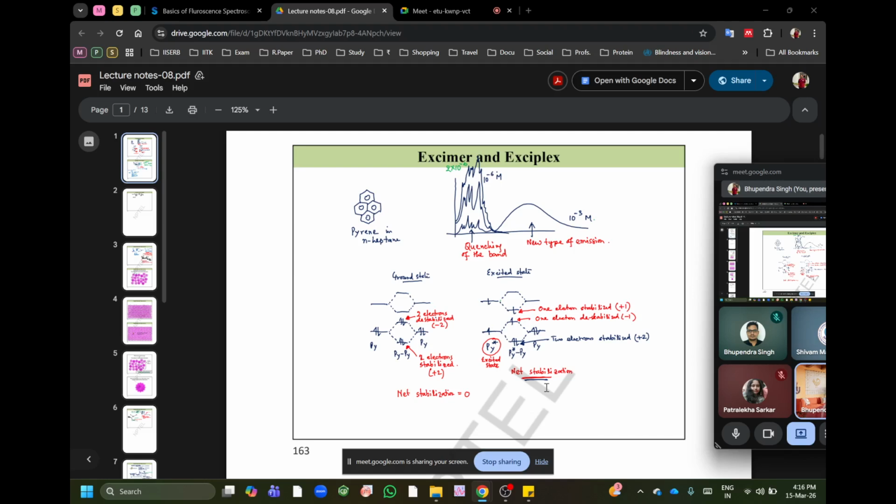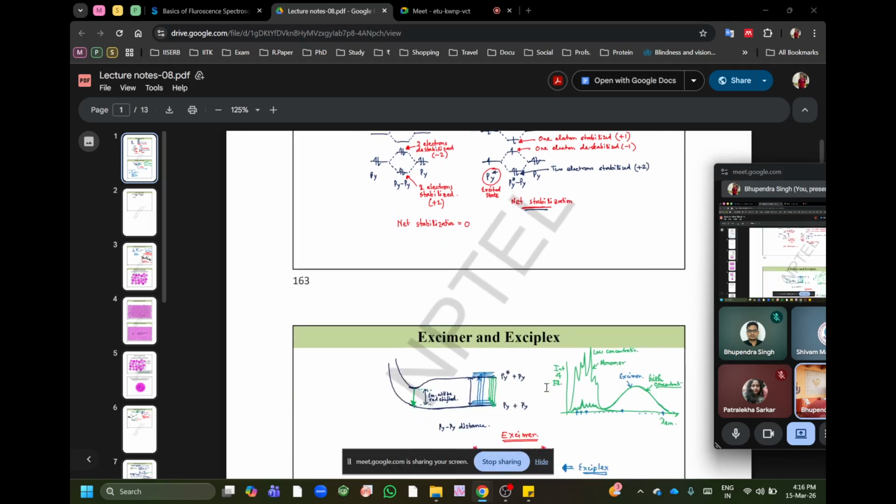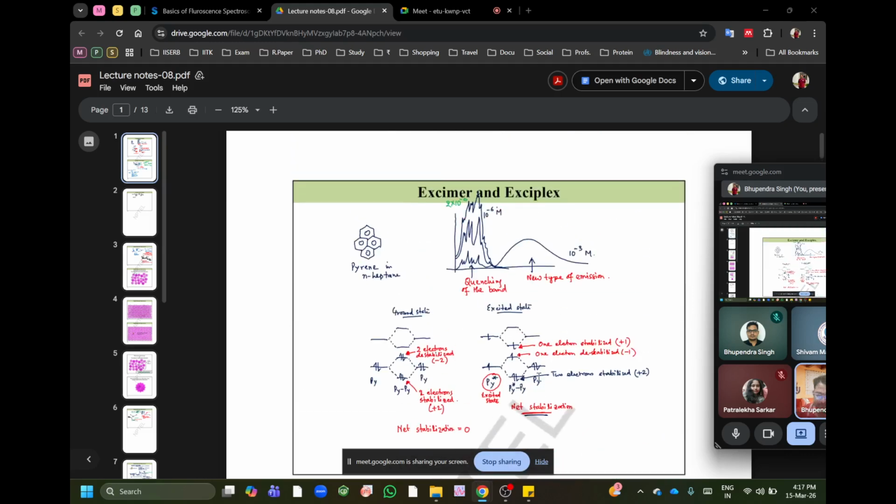So it will be red shifted. And because the bonding is weak, a large vibrational distribution happens.